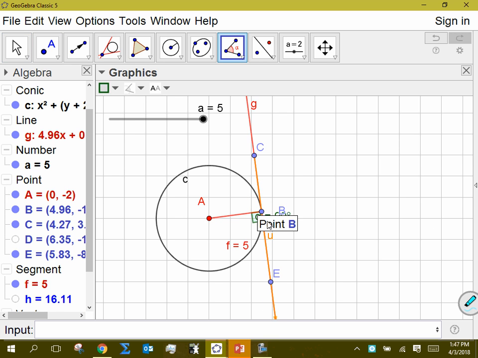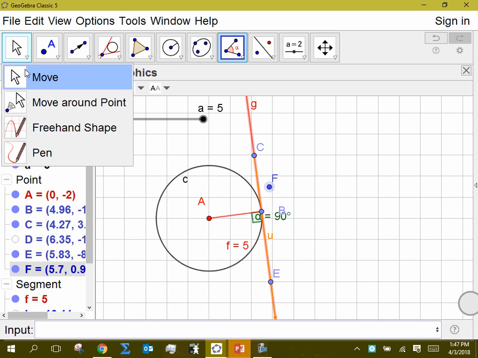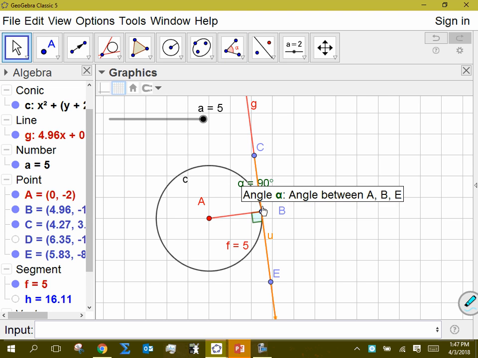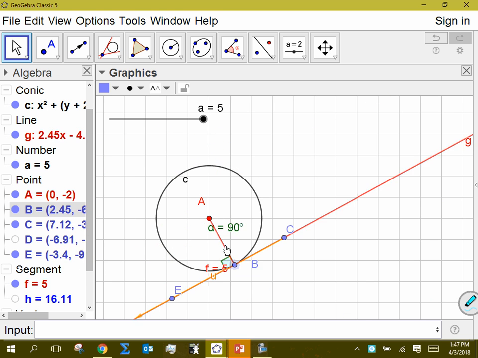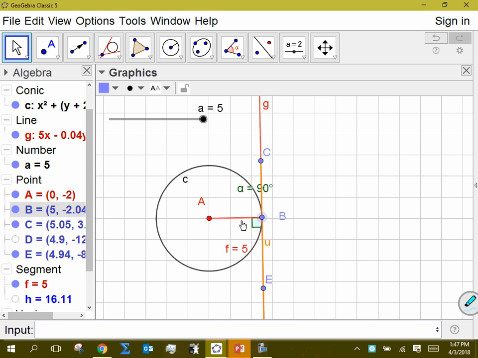And we see at that 90 degree, no matter what tangent line I look at, that is always a 90-degree angle, right? So that provides us a theorem.